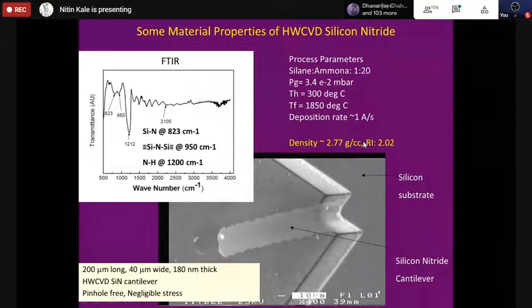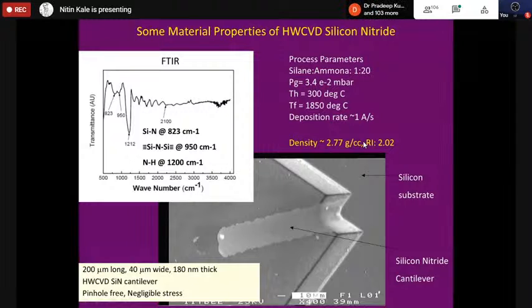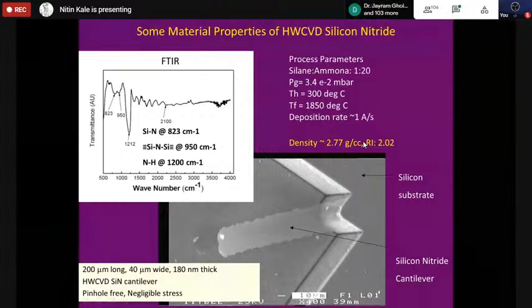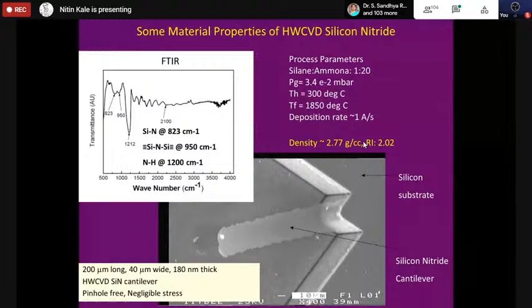I can see if I can do micromachining. Now, see, this is the world's first hot wire CVD silicon nitride cantilever. So you deposit the silicon nitride on a silicon wafer, you etch the silicon nitride, and then you etch the silicon in bulk, that is, beneath. You have protected the silicon nitride here, so this remains suspended. So that's how you make a silicon nitride cantilever.